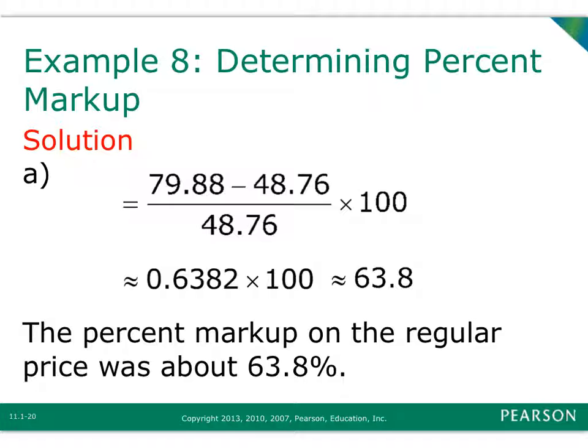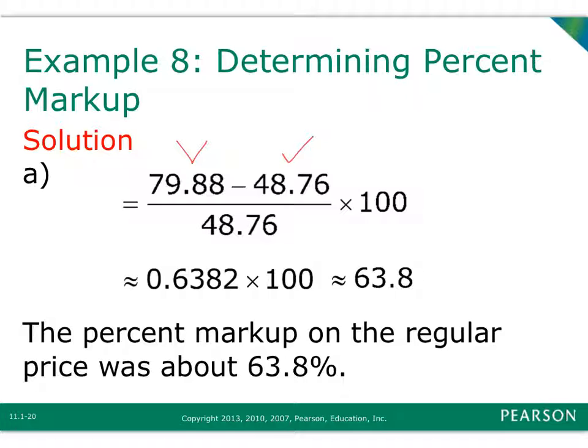So our first question was, what is the percent markup on the regular price? Our selling price is $79.88. The Holden stores bought the glass fireplace screen at $48.76.